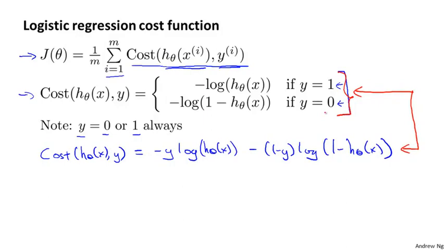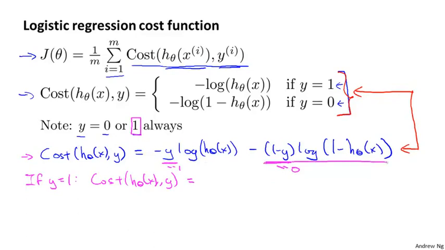We know that there are only two possible cases: y must be 0 or 1. So let's suppose y equals 1. If y is equal to 1, then this first factor is equal to 1, and 1 minus y is 1 minus 1, which is 0.